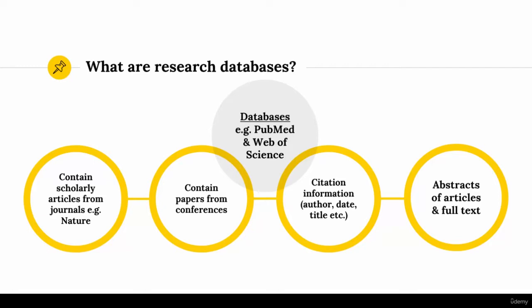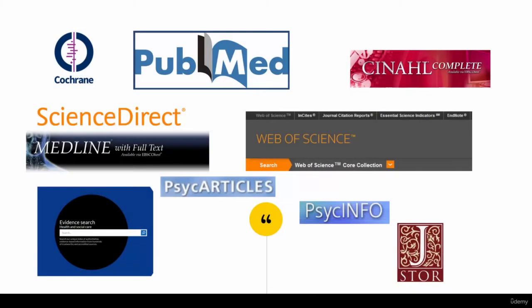So let's have a look at an example of what types of databases are available to you and you may have heard of in the past. There are databases such as PubMed, Web of Science, perhaps Science Direct, and the more specific and targeted databases such as PsycArticles or PsycInfo, which are for psychological topics, Medline or CINAHL, which are for medical and allied health professions, and JSTOR perhaps, which is more focused predominantly within the humanities.